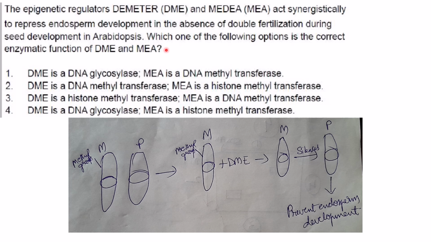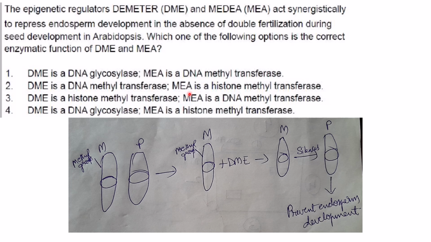Now they have asked, what does this DME function as and what does MEA function as? That is your question. So this is a research article and they have already done research with this Demeter and MEA, and they have found that DME is a DNA glycosylase. You have learned that DNA glycosylases are involved in DNA repair mechanism, but here they are involved in epigenetic regulation.